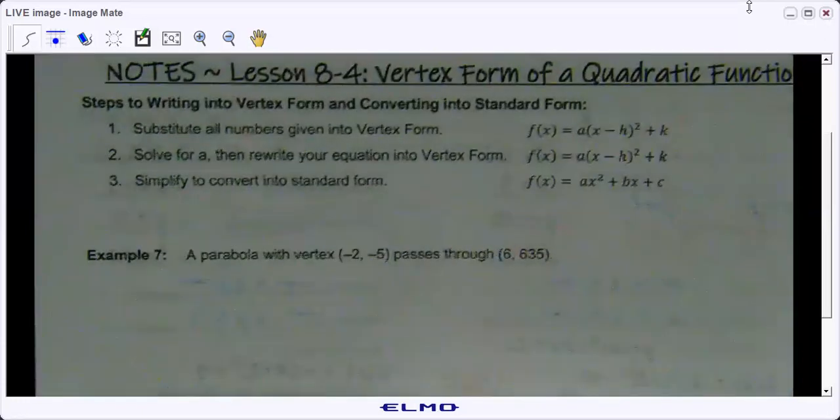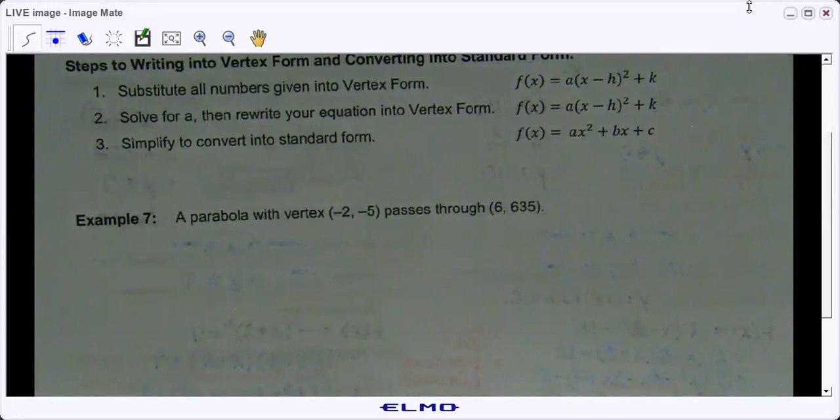All right, here we go. On example 7, we have a parabola with a vertex that's (-2, -5), and it passes through (6, 635).